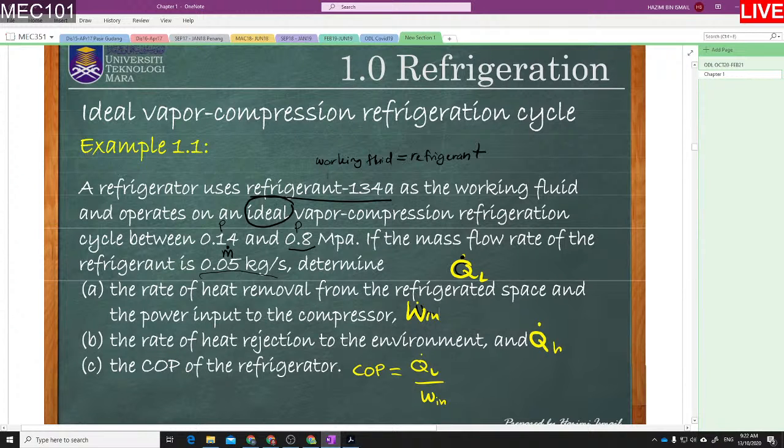Okay, jangan tengok dekat water pula, jangan tengok tempat lain pula. Kita ada R134A, so make sure you cari dekat 134A because the question is about the R134A. If the system use another refrigerant, so we cannot use R134A properties table. Kita kena cari properties table untuk refrigerant lain tu, kalau dia pakai refrigerant lain.